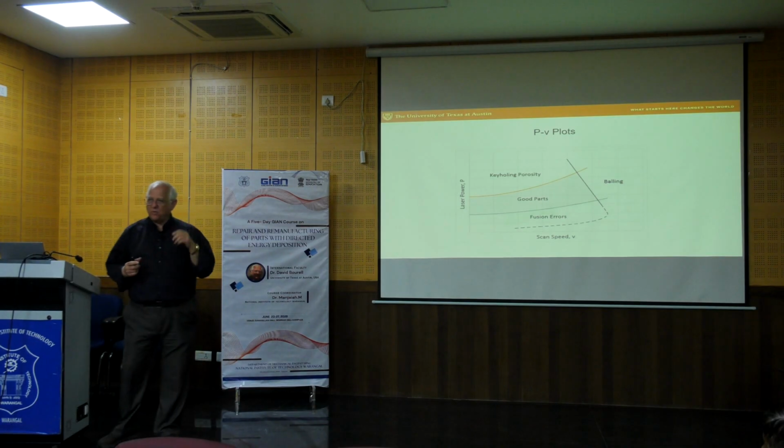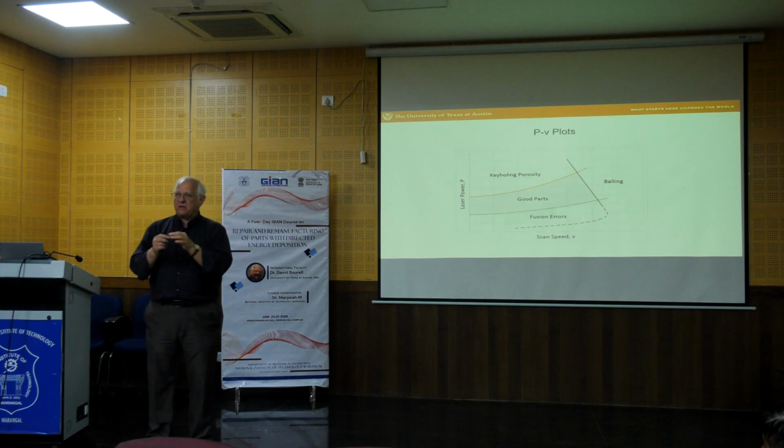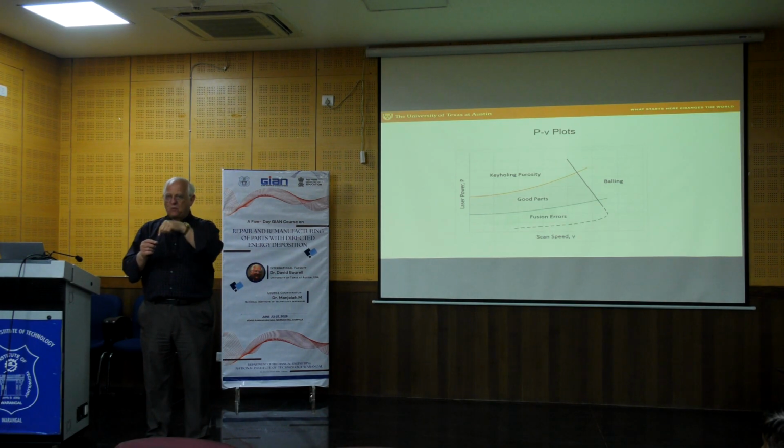And it turns out what the mechanism is. What happens is when the scan speed gets really high, we basically have the energy beam coming down and it's moving this way. If it's moving really fast, it creates a melt pool that's very long and skinny. And what happens with long, skinny melts is surface energy effects tend to take over.